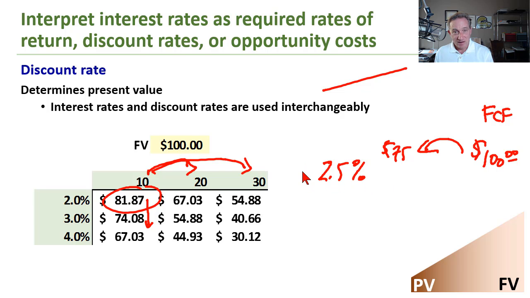Investors generally don't like it when the Fed says we're going to raise that federal funds rate and increase your discount rates, because that's going to lower the present value of the future cash flows.